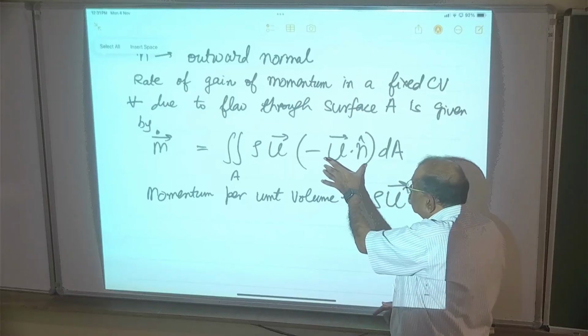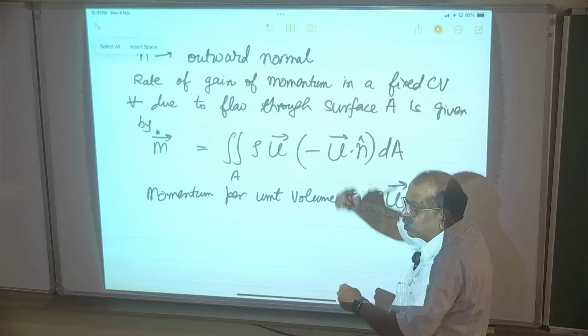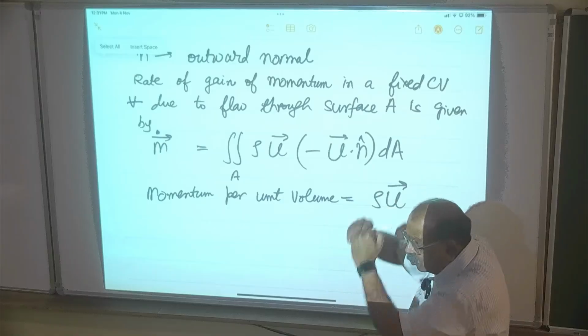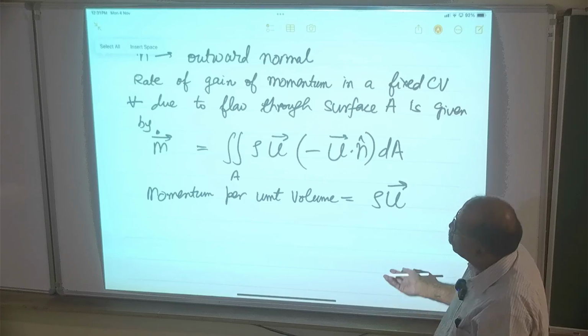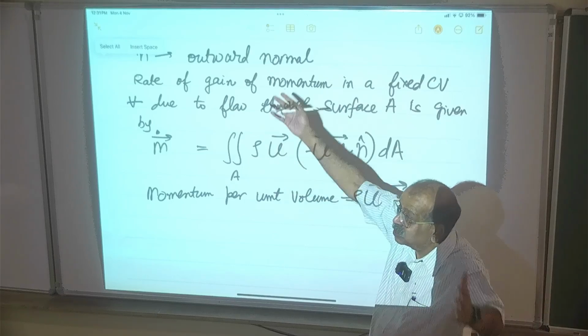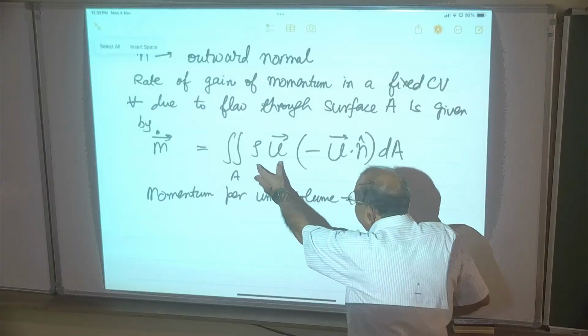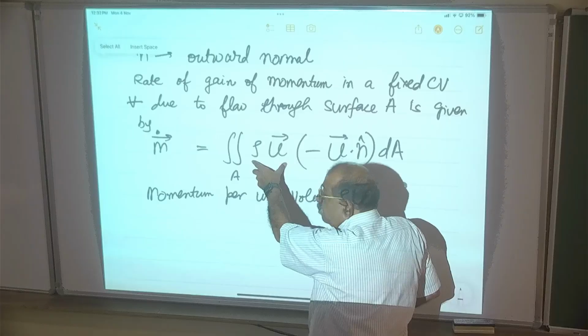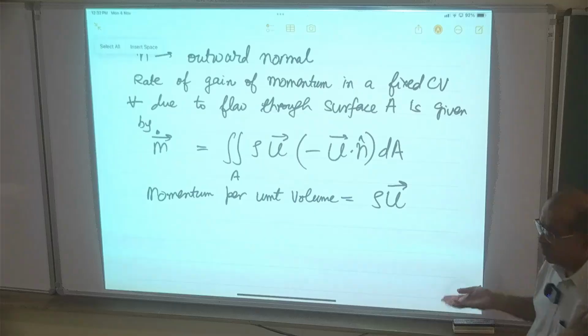So minus u dot n dA is the rate of flow which is coming in, and rho u is its momentum. So the total rate of change of momentum coming into the volume because of this flow will be momentum per unit volume multiplied by the volume coming in per unit time.